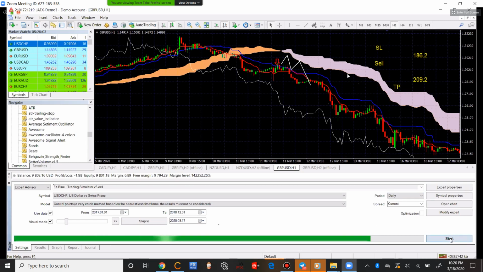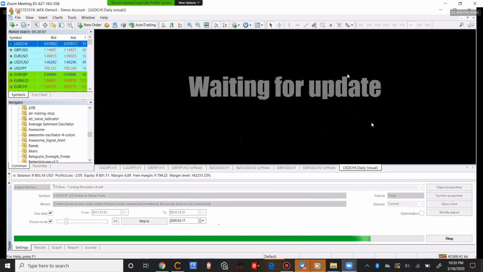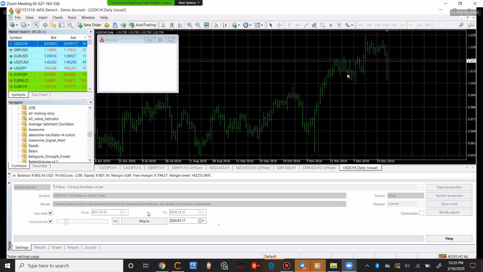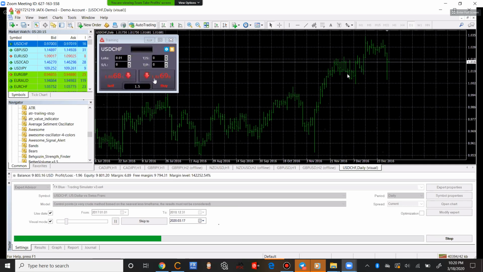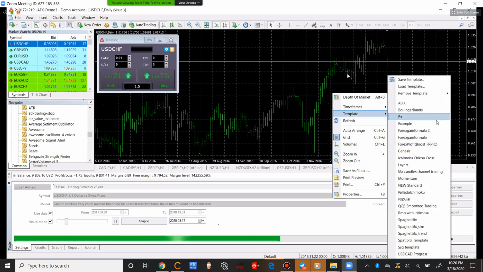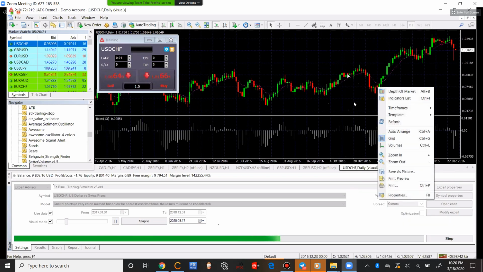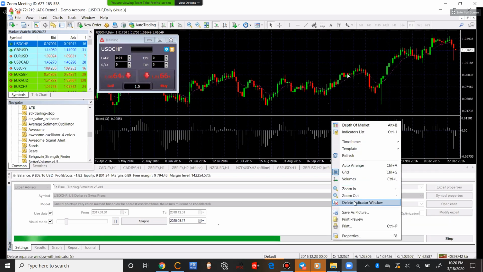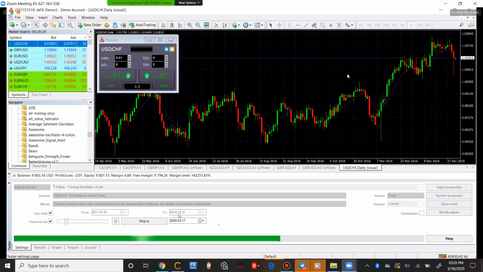Between those timelines is where the strategy tester is simulating only. So once you hit 12/31/2018, the thing stops basically.